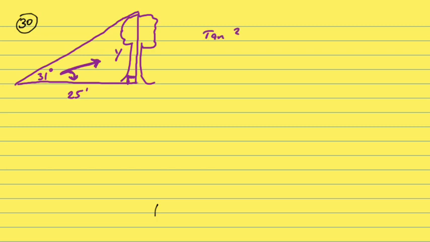Tangent. So I'm going to type in tangent of 31 degrees equals opposite, which is y, over adjacent, which is 25. Cross multiply or multiply both sides by 25, and you would have this for the height of the tree.